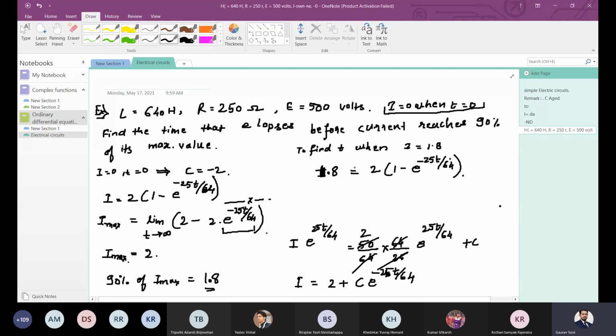So 1.8 by 2 will be equal to 1 minus e to the power minus 25 t by 64. So that 2 we can adjust, and that will be 1. Okay, let me write down the final calculation here.